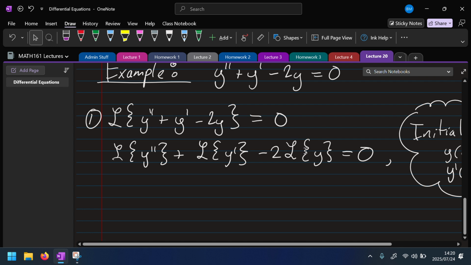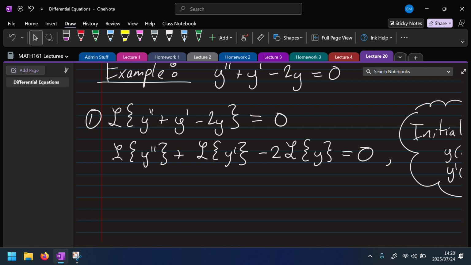Let's substitute the Laplace transform for these three. The first one is going to be s squared Y of s minus 2s minus 1. That's for the first term, just substituting in. Then for the second term, it will be plus s Y of s minus 2. And then the last one is just going to be minus 2 capital Y of s.